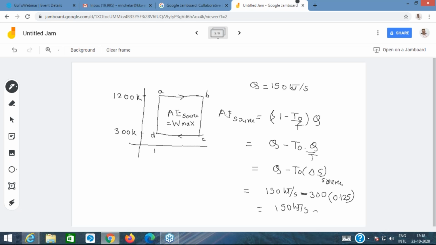Just calculate, you can also calculate simultaneously.